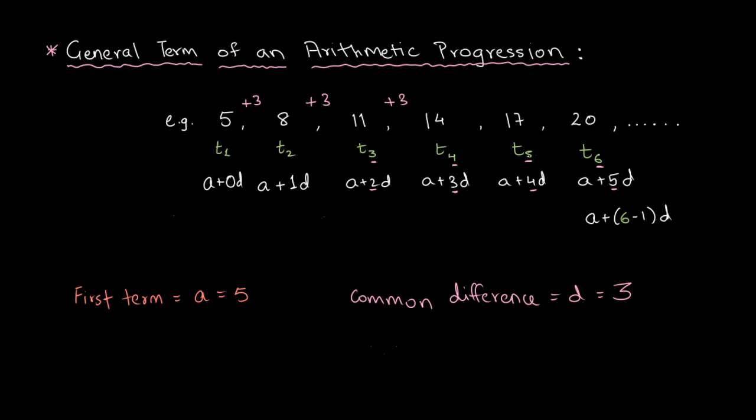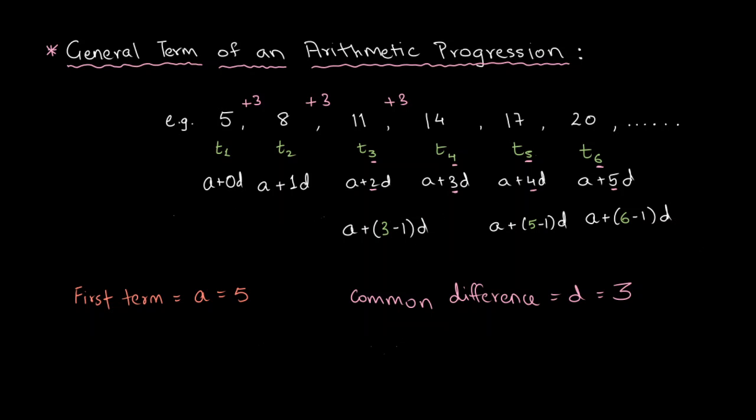If it is the fifth term, it's a plus 4d, and a plus 4d can be written as a plus 5 minus 1 into d. Let's jump to the third term here. It is a plus 2d, and 2d can be written as a plus 3 minus 1 into d. So if it's the third term, it is 3 minus 1 into d.